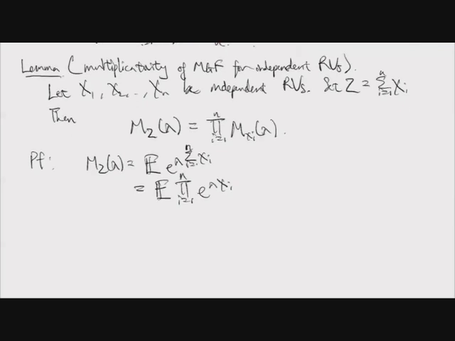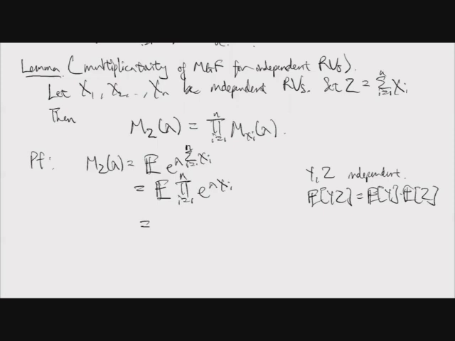And now all of these are independent. So we're going to use the fact that, as an aside, for Y and Z independent, then E of YZ is equal to E of Y times E of Z. It's the same if you have more than just two.